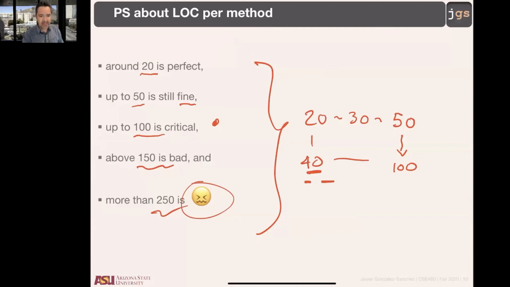When we ask the developer to split the method, and instead of having 1 of 100, having 2 of 50, or a combination there, what we are asking is the same thing that we do in a textbook. We split the book in chapters, the chapters in sections, the sections in paragraphs. And when you read one paragraph, you forget the others. You are focusing on one small paragraph.